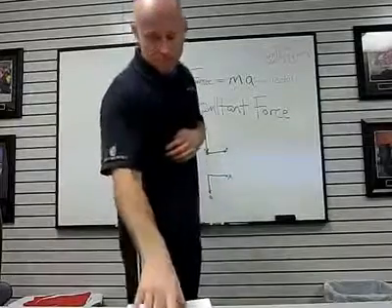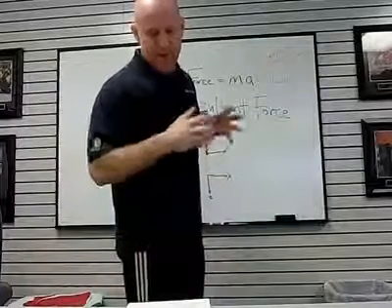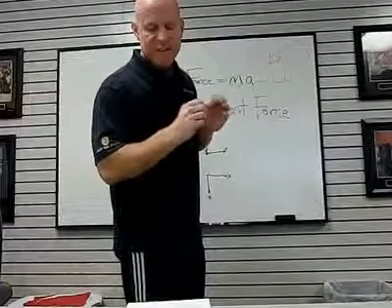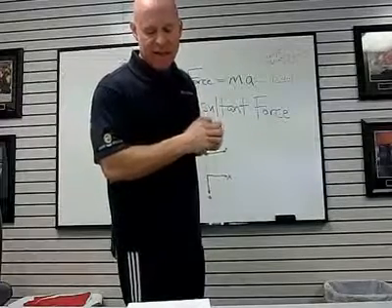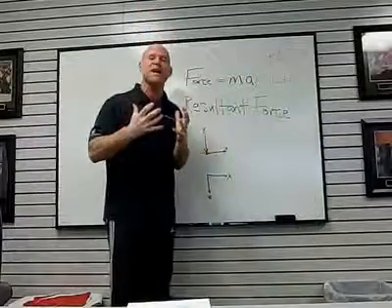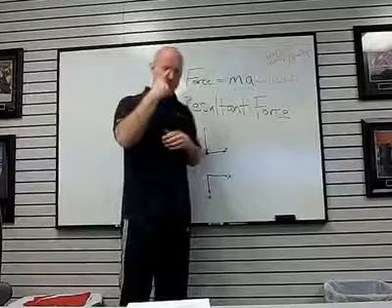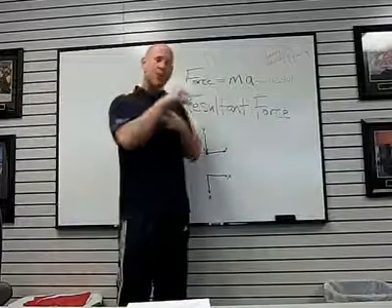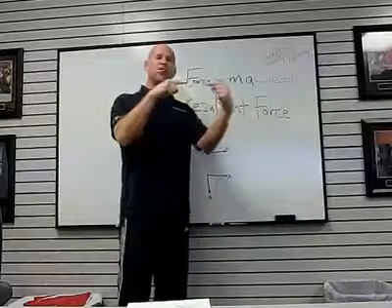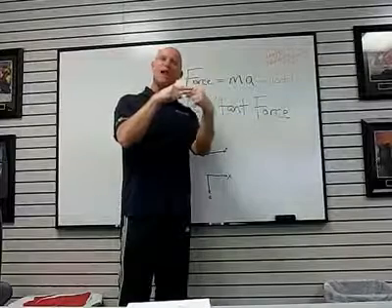The last one is that when one body exerts a force on a second body, the second body simultaneously exerts a force of equal magnitude but in the opposite direction. So we want to understand the resultant concept in terms of not only magnitude of force but direction of force, so that when we apply a force into a second body, a second object, an equal amount of force in the exact opposite direction is applied back to us.